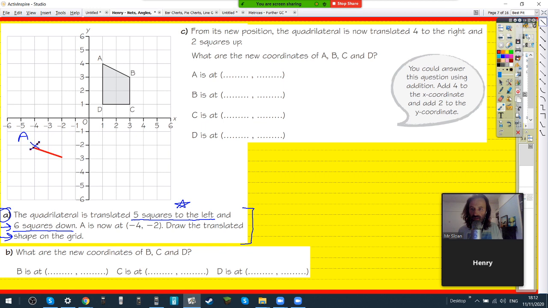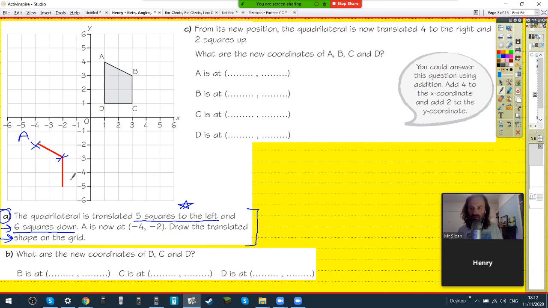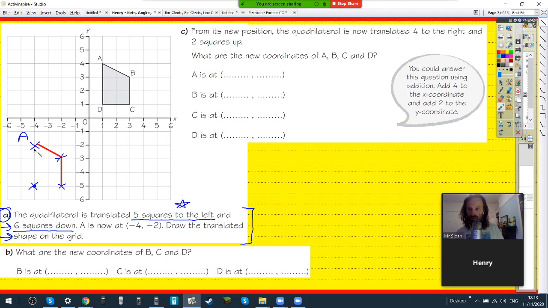And then you could put C 2 below. So C is 2 below B. Yep. And then 2 to the left is D. Yep. And then you can join those up. Well done. Okay, question B.